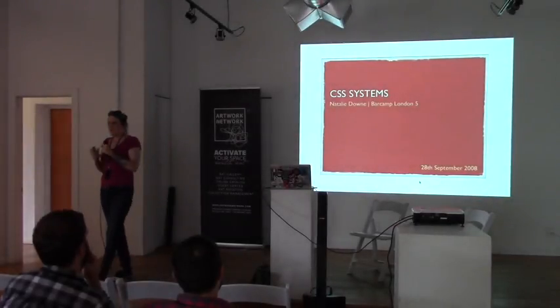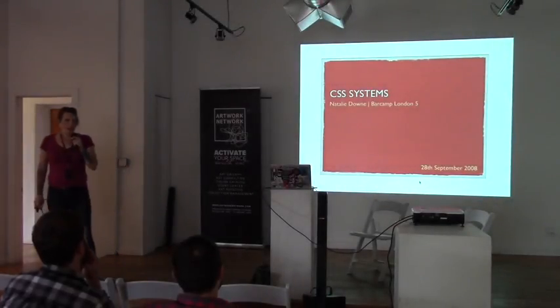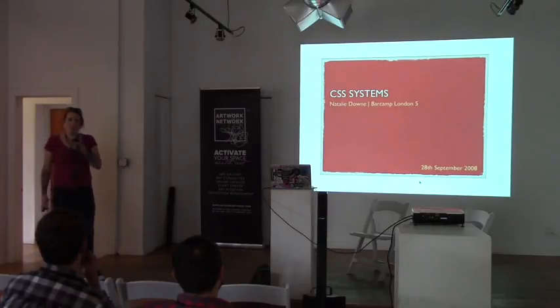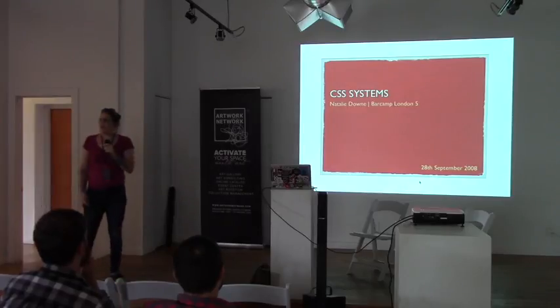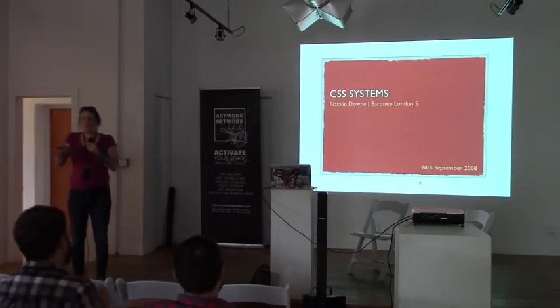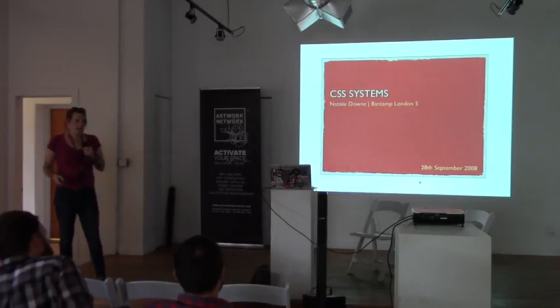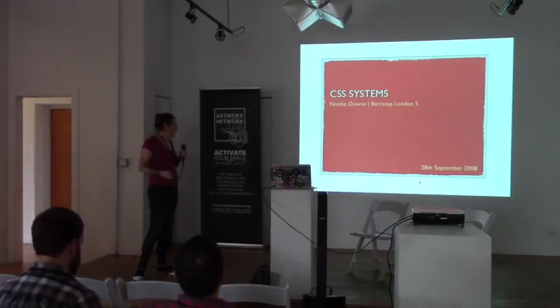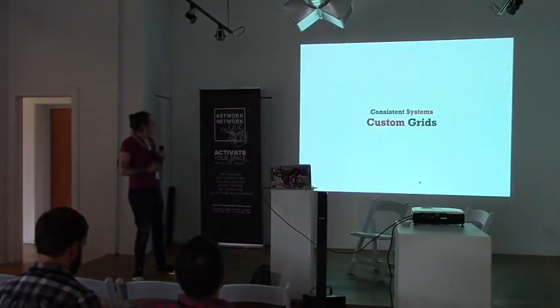Then I saw this talk by Natalie Downe in 2008. It's still online, and I still think it's one of the best talks I've ever seen. If you have a chance, watch her CSS systems talk. Some of the details are out of date, but the concept here is great, and she gives a lot of good hints on how to think about CSS.